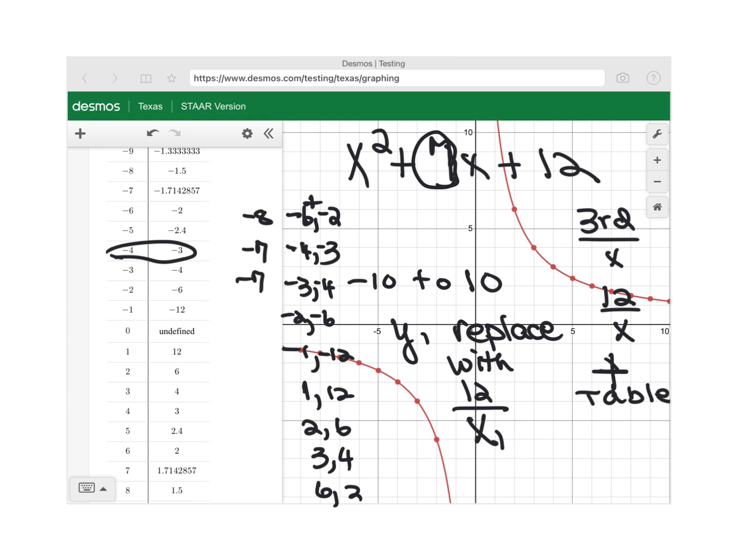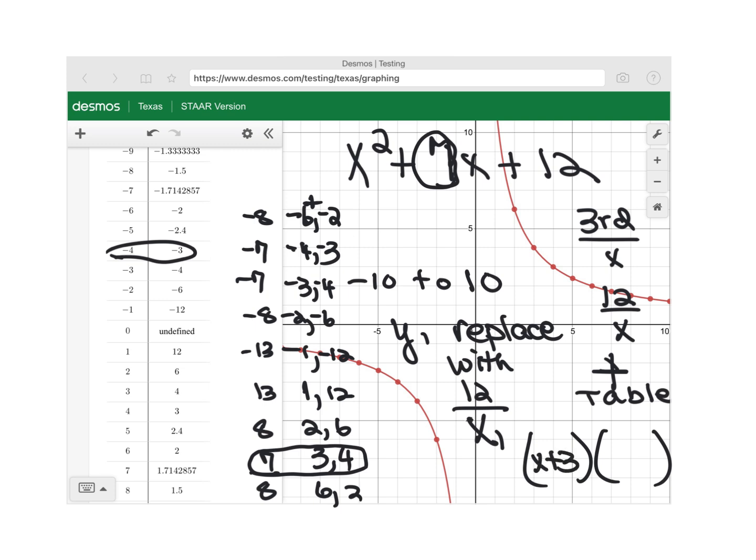I would get negative 7, negative 8, negative 13, 13, 8, 7, and 8. 7 is the combination that I need, so that tells me that to factor this, I'm going to be using positive 3 and positive 4. So that's going to be x plus 3 times x plus 4.